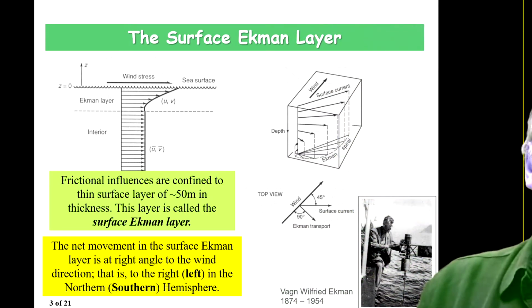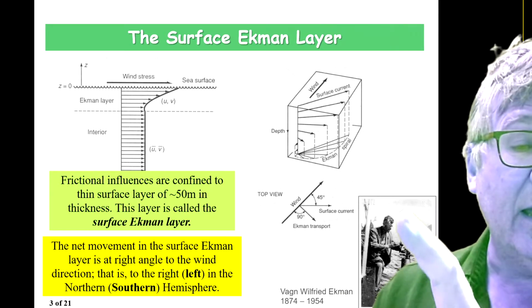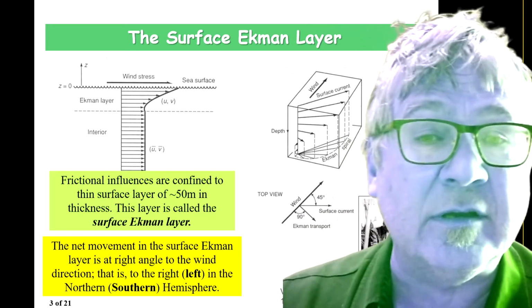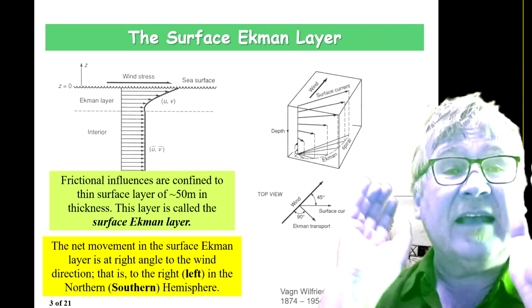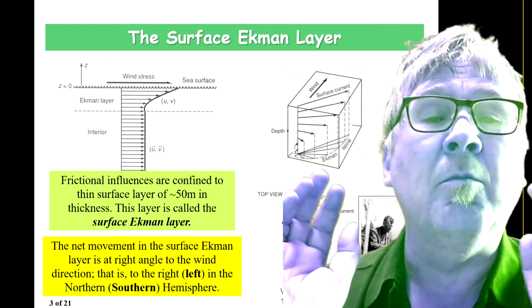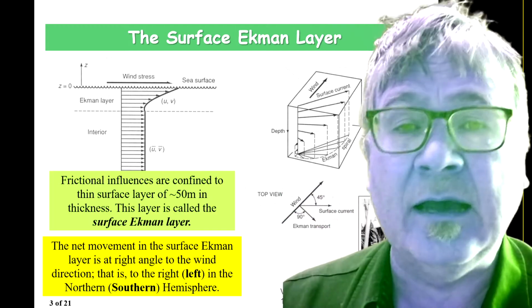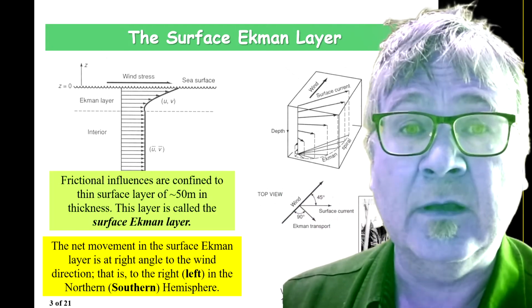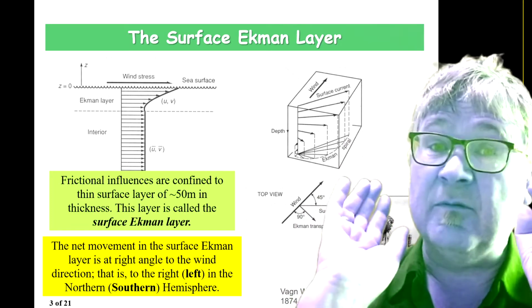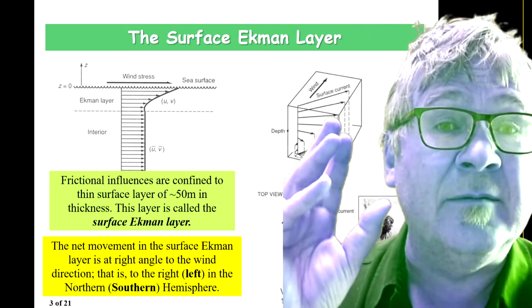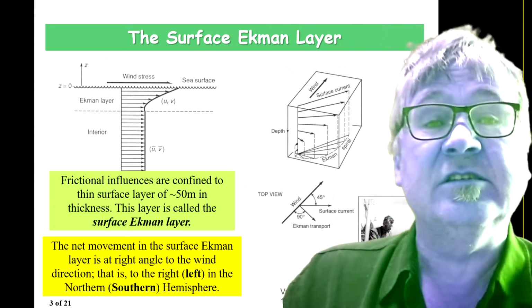There's a little photo here of Ekman. If you wonder how he derived this theory, he actually derived it from the drift data of floating ice. This was one of Fridtjof Nansen's polar expeditions.